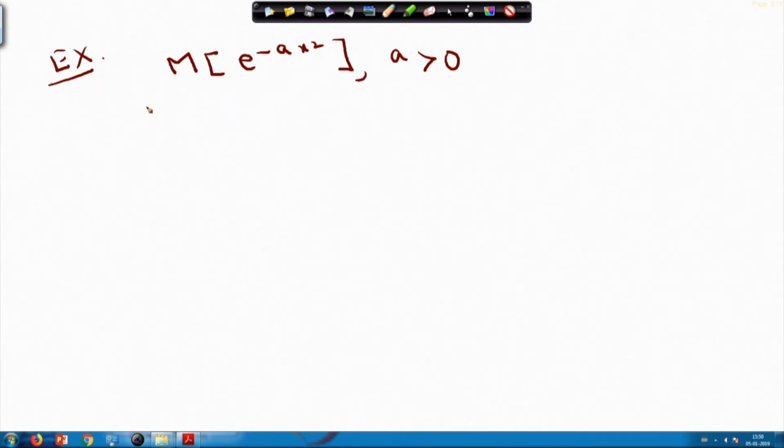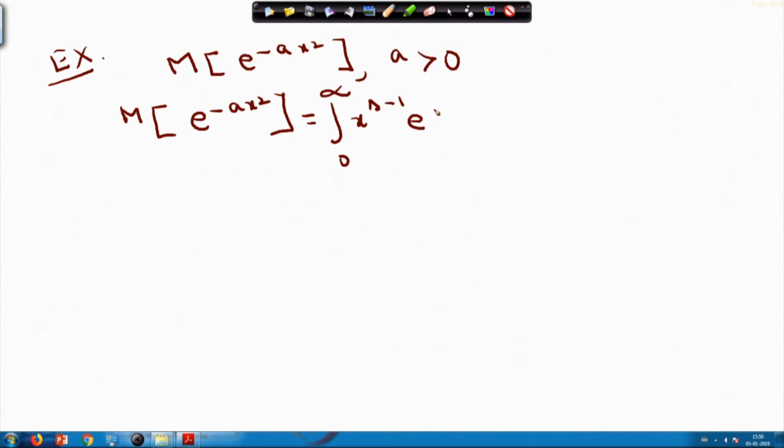So the Mellin transform of e to the power minus a x square, from the definition, you can write down as the integral from 0 to infinity of x to the power s minus 1 into e to the power minus a x square dx. Now let us substitute a x square equals u.